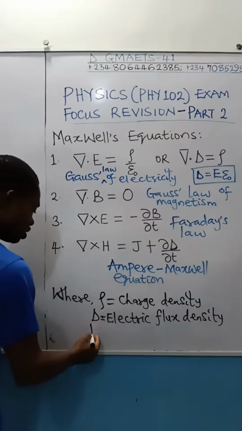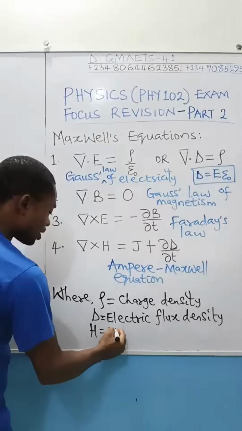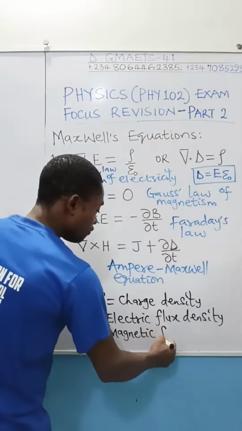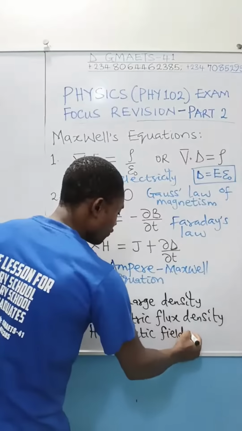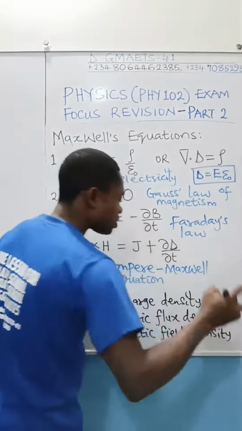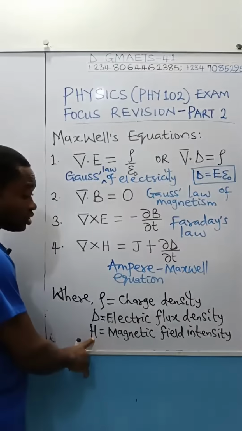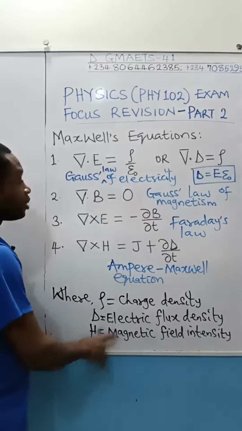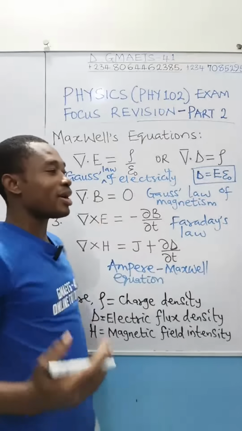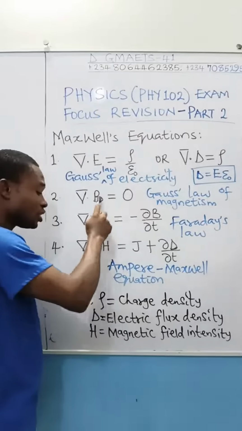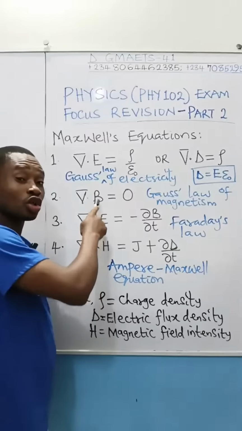Okay, H, magnetic field intensity. That's the specific name of this particular quantity. B is sometimes called magnetic flux density, magnetic induction.